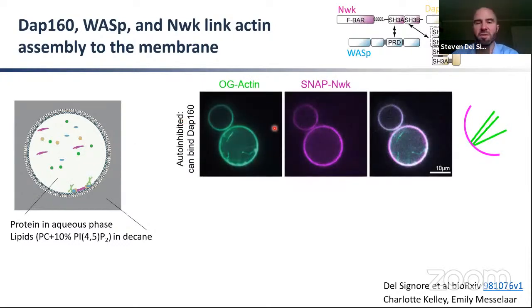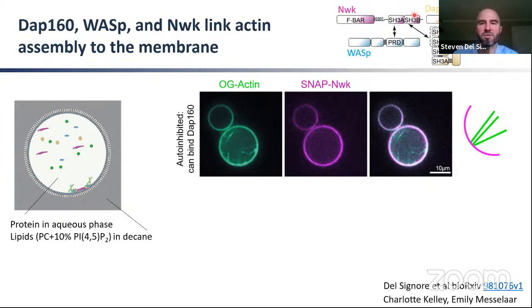If we take normal nervous rec, which is autoinhibited, and mix it together with WASp and DAP160 and this green actin, we see that membrane actin assembly occurs, and it's preferentially tethered to this lipid interface, highlighted here in green, and then you can see nervous rec decorating the membrane, the lipid interface.